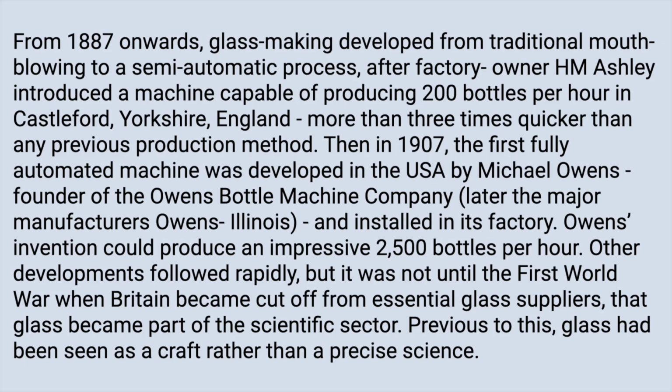Then in 1907, the first fully automated machine was developed in the USA by Michael Owens, founder of the Owens Bottle Machine Company, later the major manufacturer Owens-Illinois, and installed in its factory. Owens' invention could produce an impressive 2,500 bottles per hour.